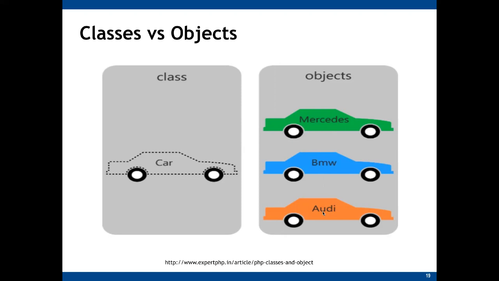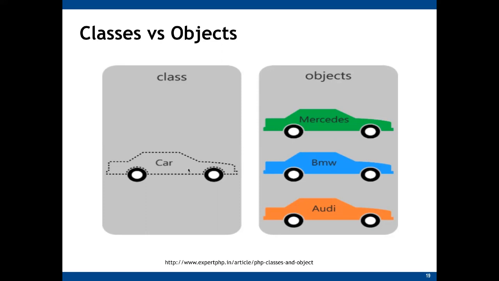So let me summarize them again. In summary, class is a template for defining or creating objects. So class defines object properties such as the name and types of member variables, and behaviors of the object through member functions. Because class is a template, it is not a concrete thing.